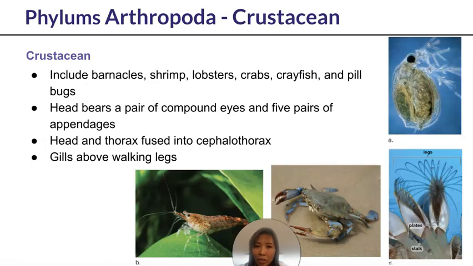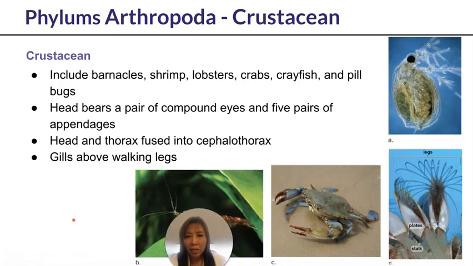Okay, and crustaceans, these ones you can recognize as the shrimp and the lobster. And interestingly, barnacles are also under crustaceans. They tend to have compound eyes. You can see here, these guys and this guy, they tend to have compound eyes, and they tend to have 5 pairs of appendages, so around 10 legs.